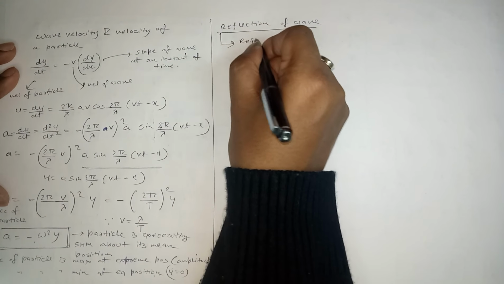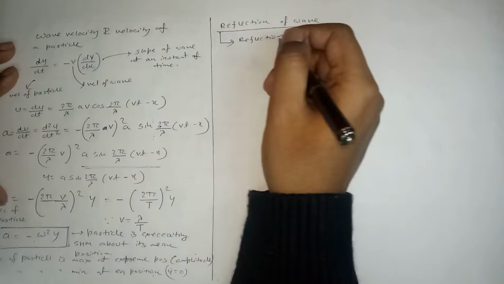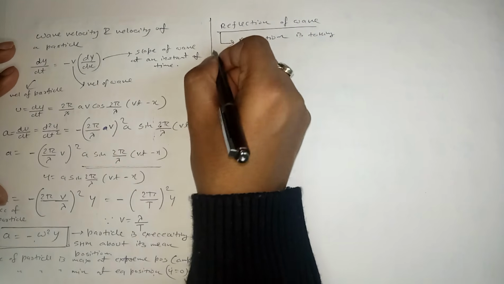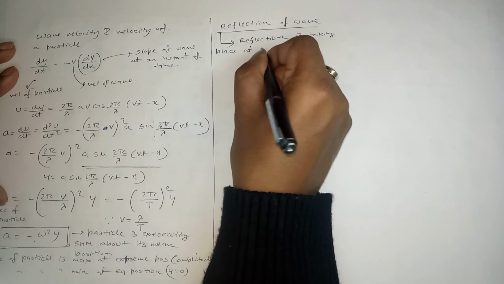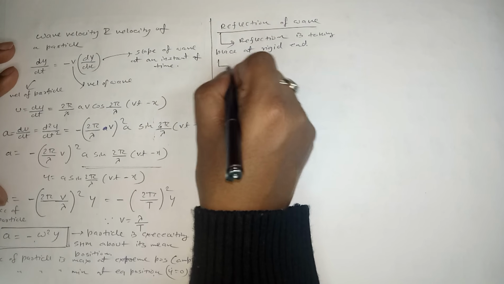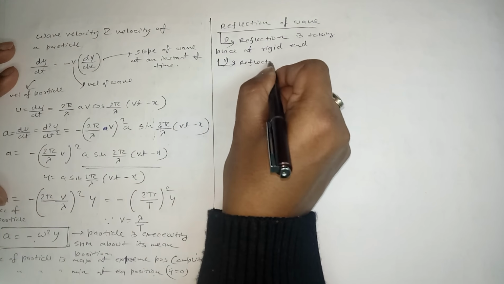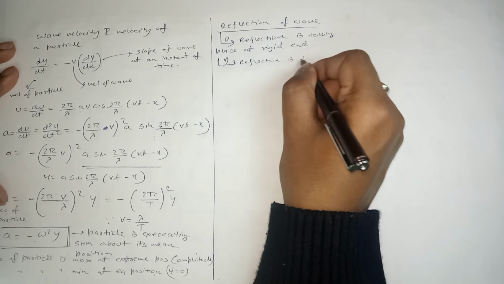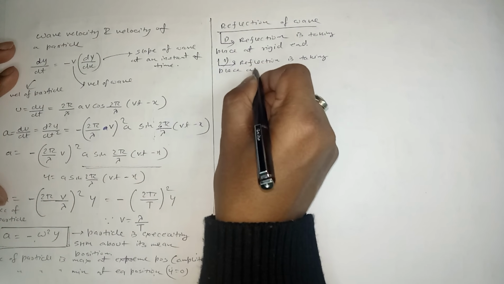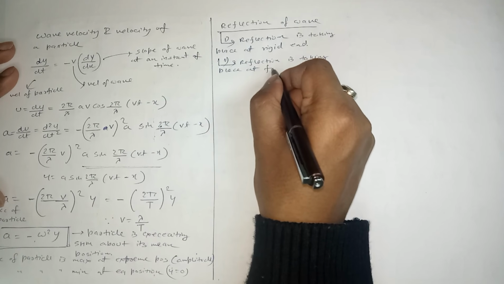One is that reflection is taking place at a rigid end, and there is one more way, that reflection is taking place at a flexible end or at a free end.